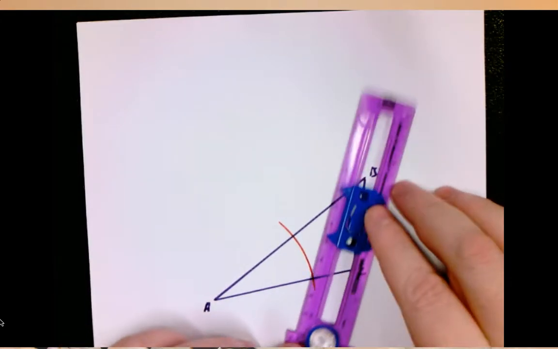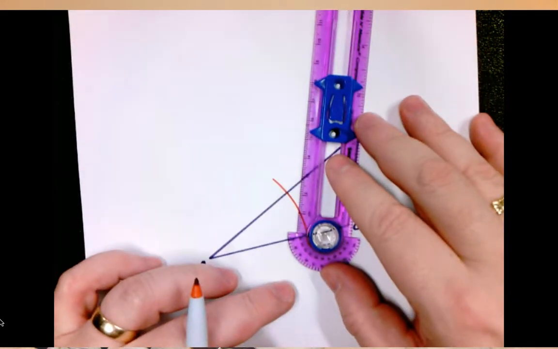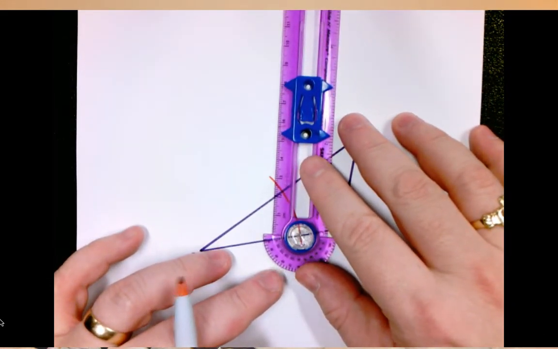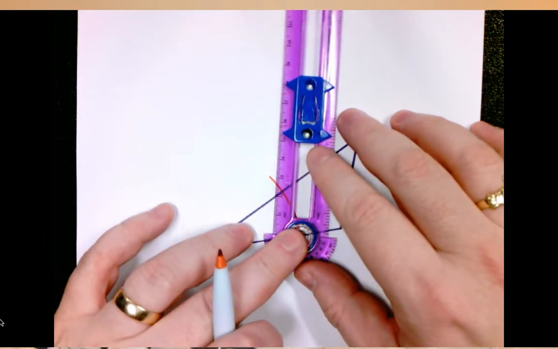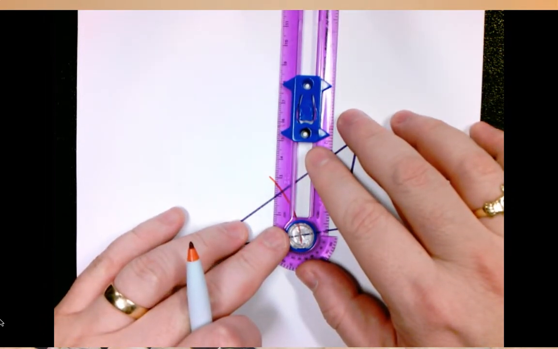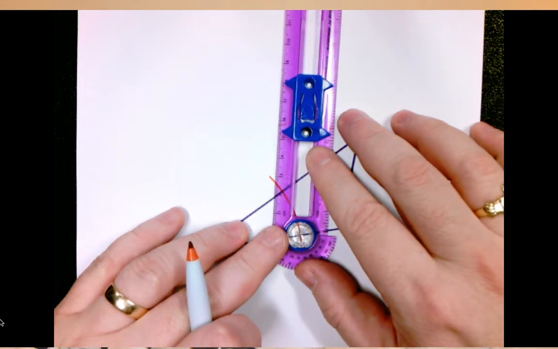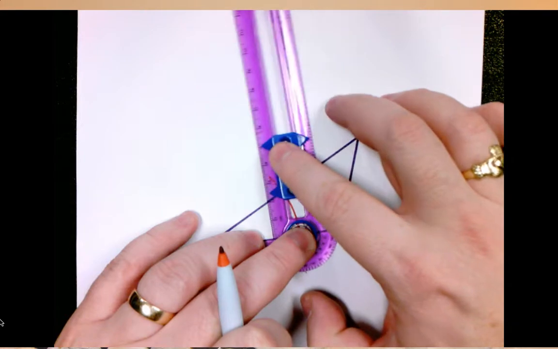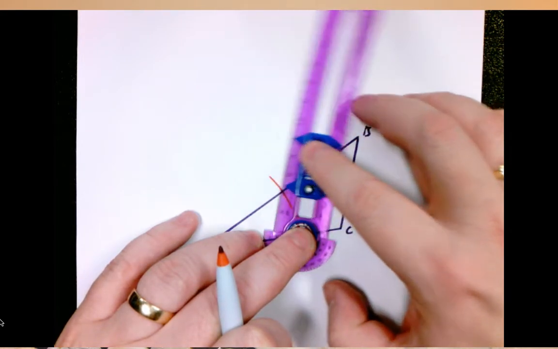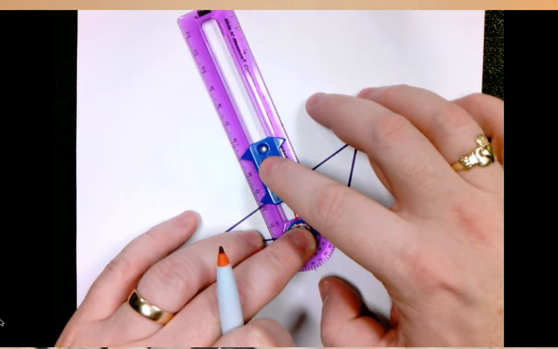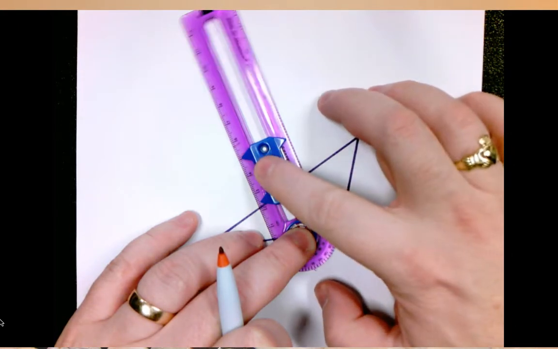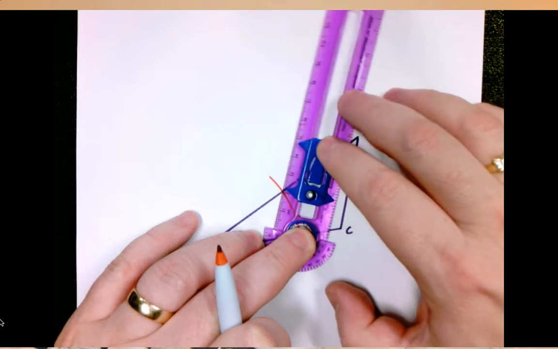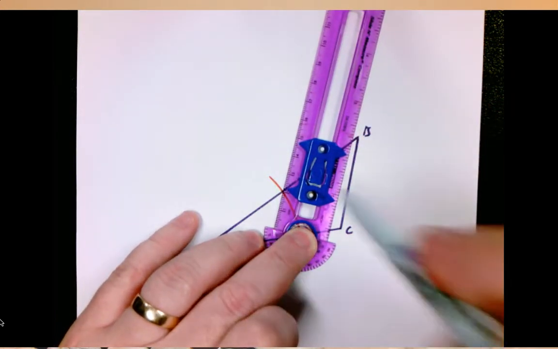We then will go to those two intersection points, and I can keep the same radius, but I'm going to make a new radius that is smaller, as long as it's beyond halfway between these two intersection points. So as long as my radius is beyond this distance, I'll be able to get the angle bisector.